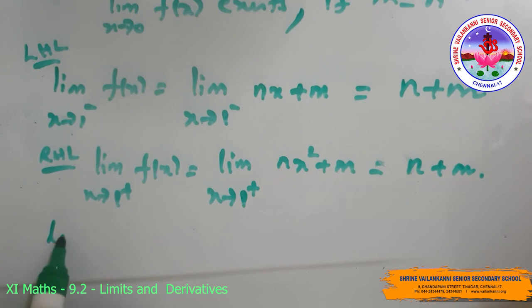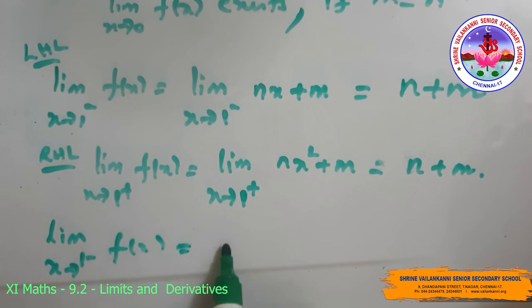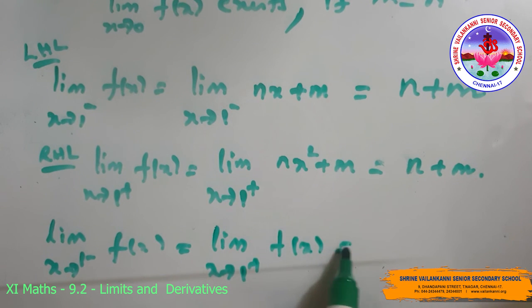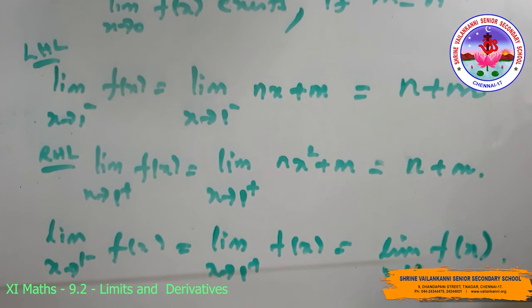So left hand limit x tends to 1 minus f of x is equal to right hand limit x tends to 1 plus f of x which is equal to limit x tends to 1 f of x. Thus limit x tends to 1 f of x exists for any integral value of m and n.